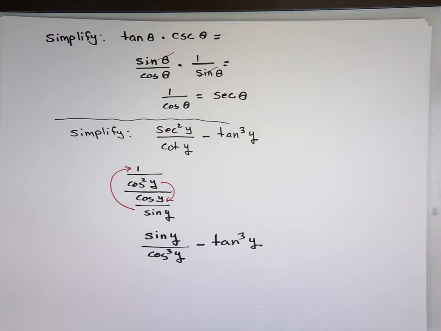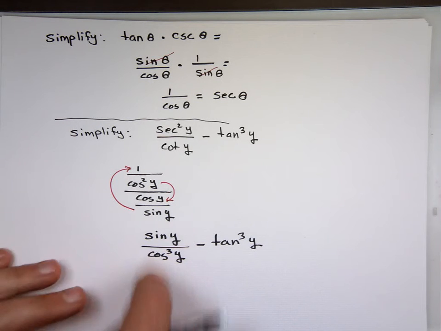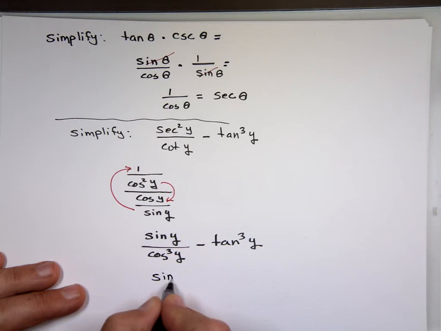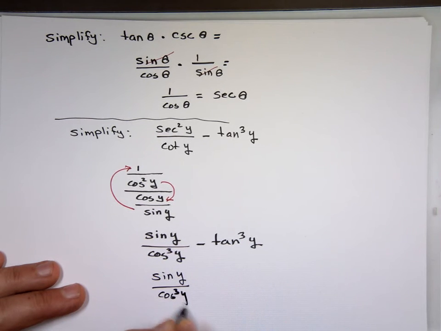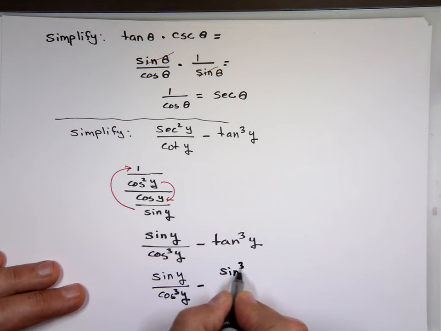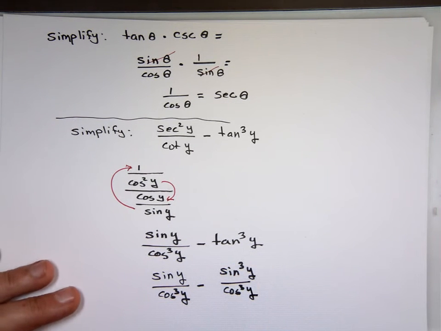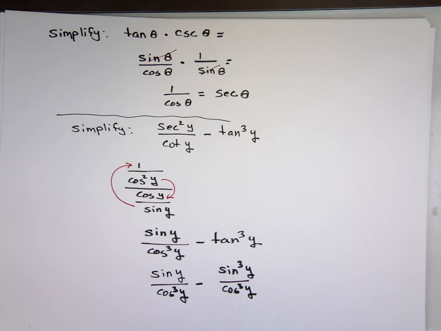Sine over cosine. Well, I can rewrite this as what? Or I can take this, go, you know what? This is sine of y over cosine cube y. And let me change the tangent to what? Sine cube y, because that's a cube, right? Over cosine cube y. Notice these two are the same.